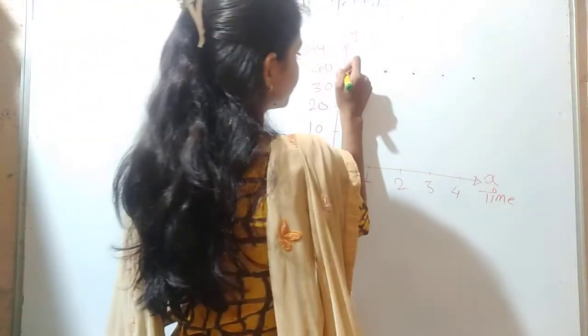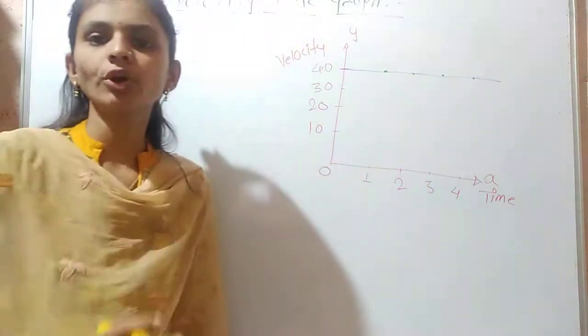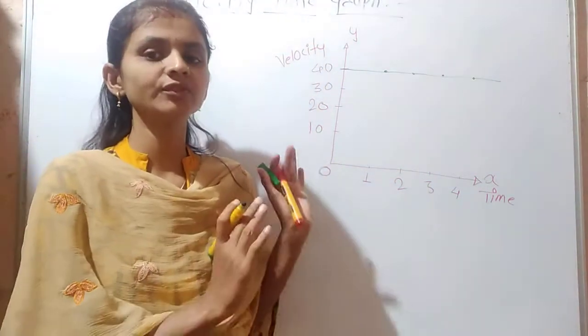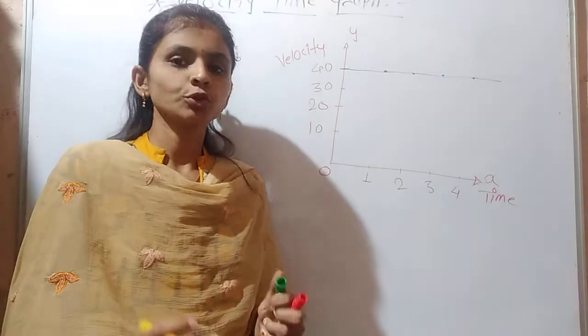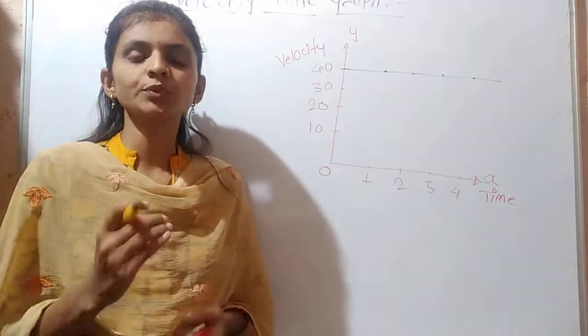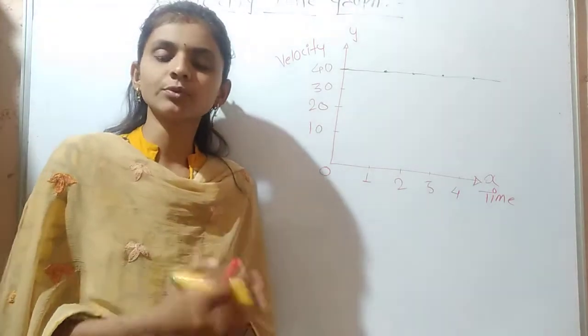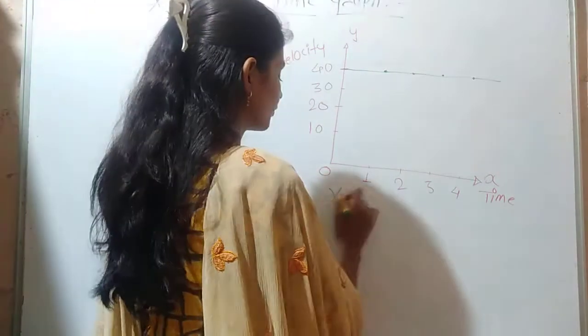Join all these points. Here we get a straight line. The straight line indicates that over equal intervals of time there is no variation in velocity. That velocity is known as uniform velocity.